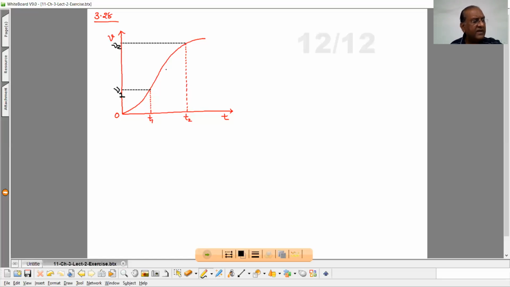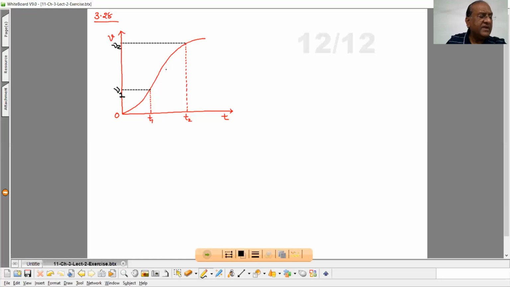Then D, a average, that is equal to v at t2 minus v at t1 upon t2 minus t1. Yes, this equation we can use, because this one is as per the definition of average acceleration. Clear? Any type of acceleration is there, we can use this one.